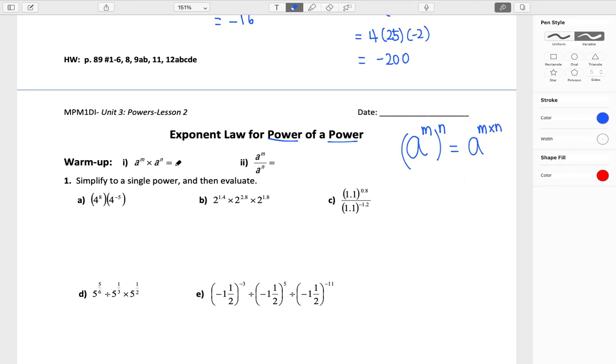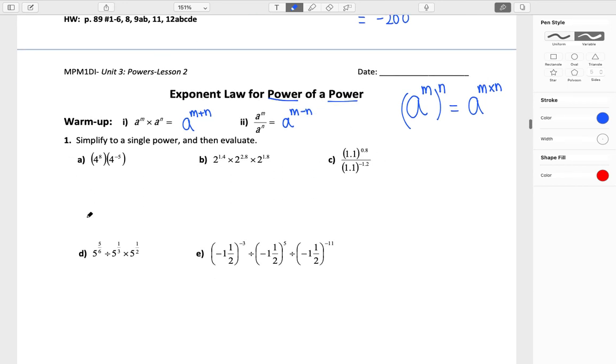So as a review, when you have a to the m times a to the n, the base stays the same, and you add the exponents. And when you're dividing, the base stays the same, and you're subtracting m minus n.